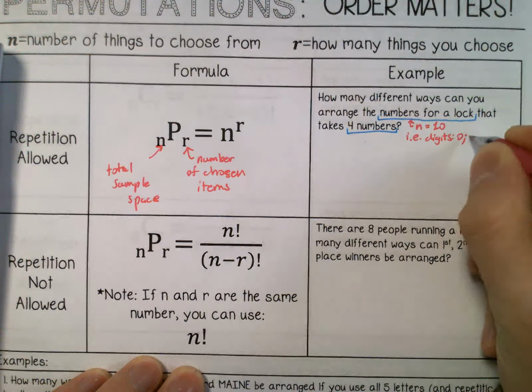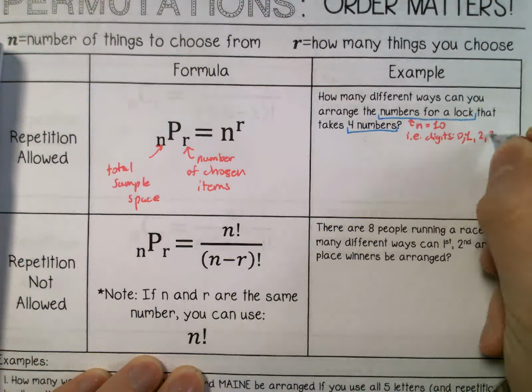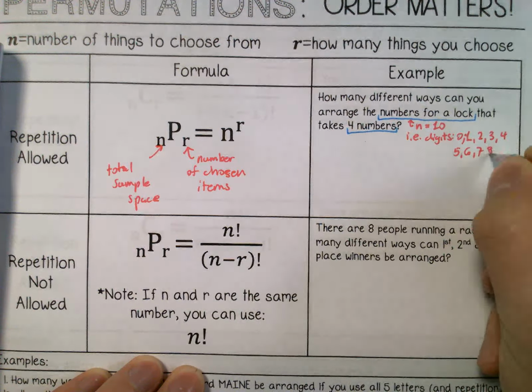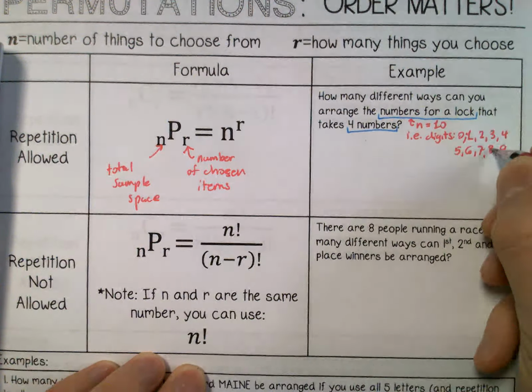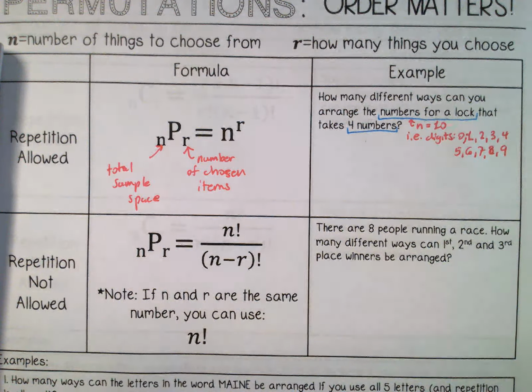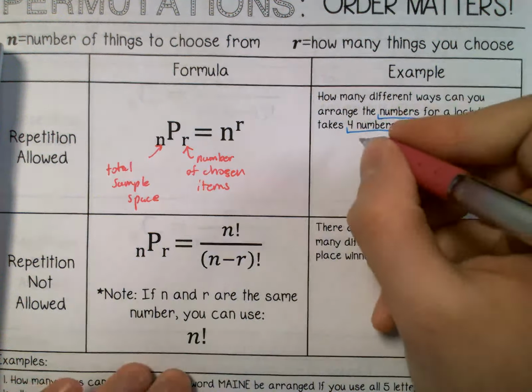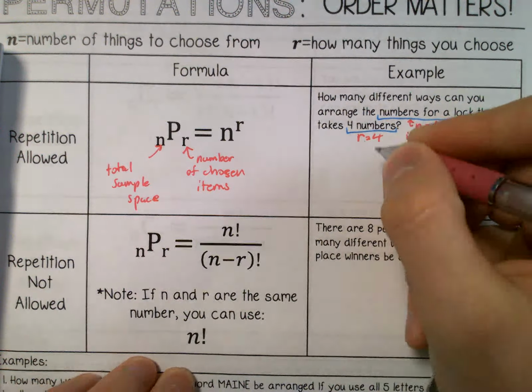Which are 0, 1, 2, 3, 4, 5, 6, 7, 8, and 9. Okay, we're looking at the digits, basically. Now, that means over here, this is R equal to 4. Okay?